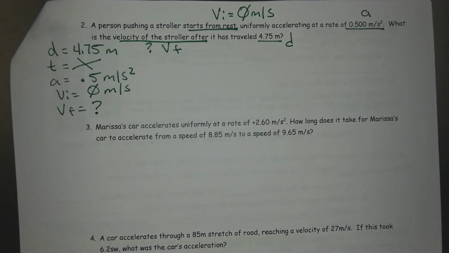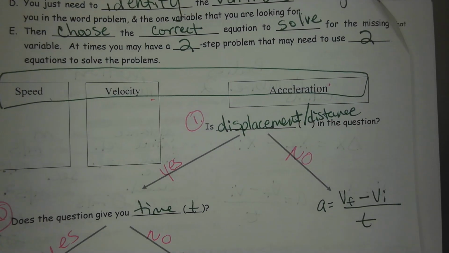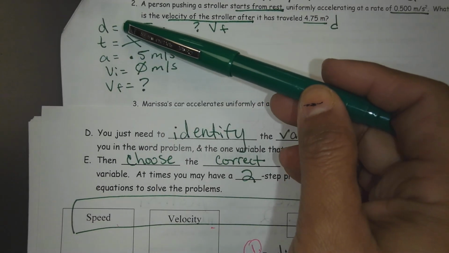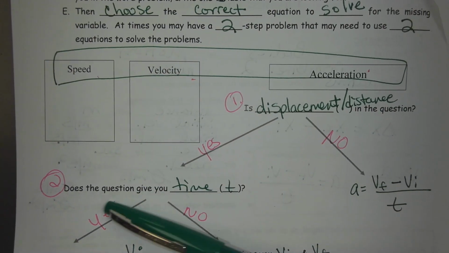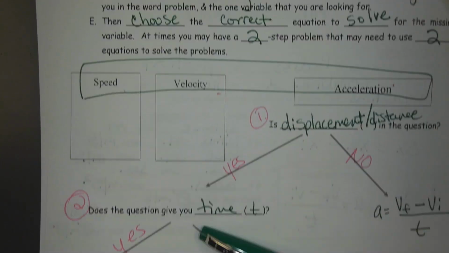So this is how I go through kinematics. I question the variable I'm looking for. I X the variable that was never given to me. So I'm going to go to my flow chart. All right, flow chart. Was D given to me, talked about, or discussed? Yes. So let's go this way. The next question, was T ever talked about, discussed at all?